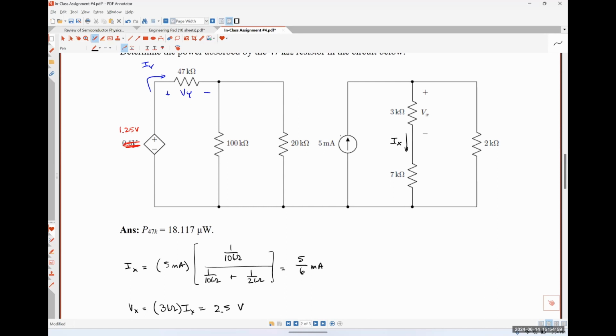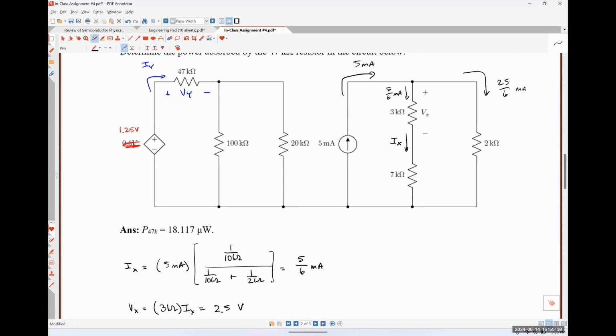So we know that we have 5 milliamps flowing in here, right? And we found IX to be 5/6 of a milliamp flowing through this path, which means the current flowing over here, either using current division or Kirchhoff's current law, is going to come out to be 30/6 minus 5/6, which is 25/6 of a milliamp. Does that make sense, Ian?